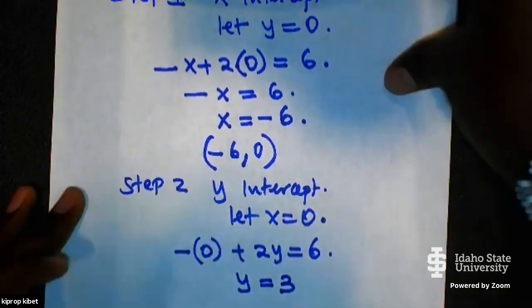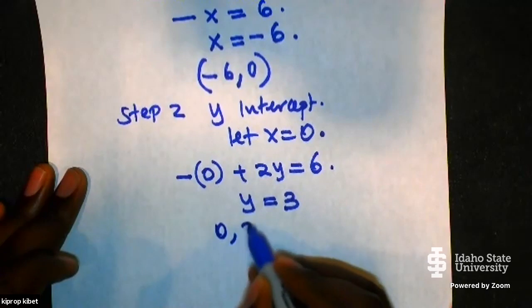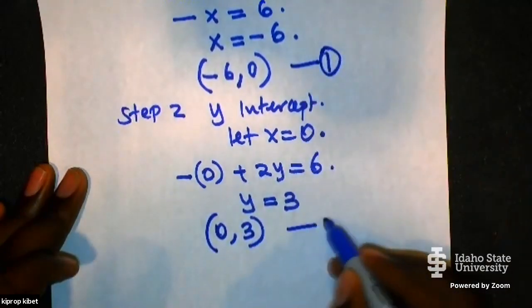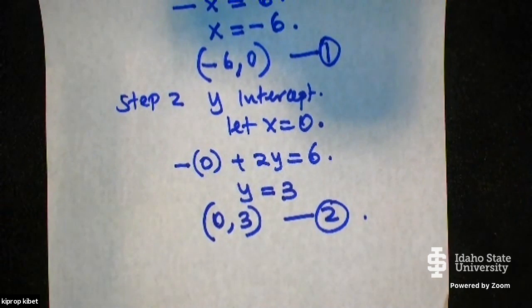So our point here will now be 0 and 3. So this is 1, this one is 2. Then we get the next one. For it to be accurate, take 3 points, okay? For your line to be accurate, look for 3 points.